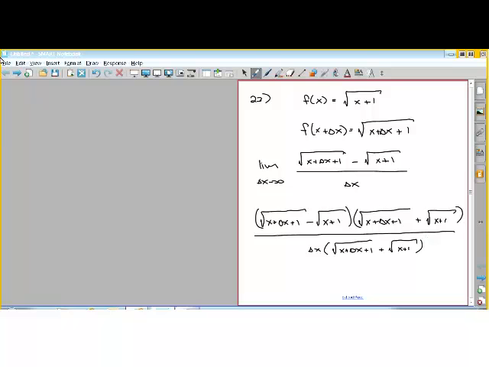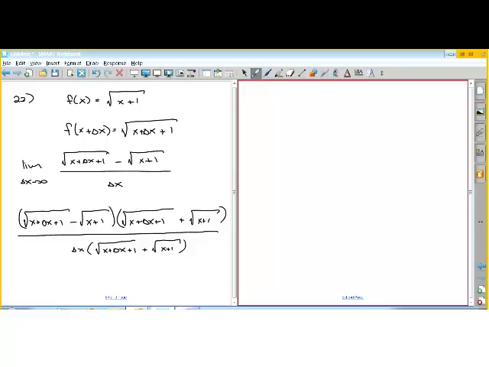Okay, so that's that. Now, we use FOIL on the top, so when you multiply these two together, you'll get just the quantity in the square root place. So this times that is that. And then with the FOIL, the inner and outer drop out, and so the second term is just x plus 1.